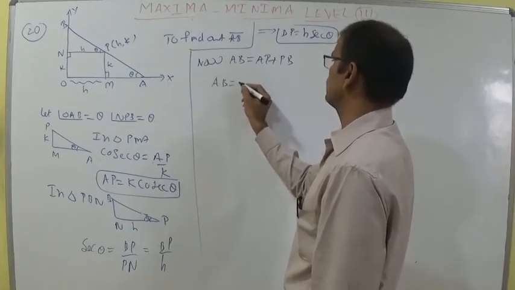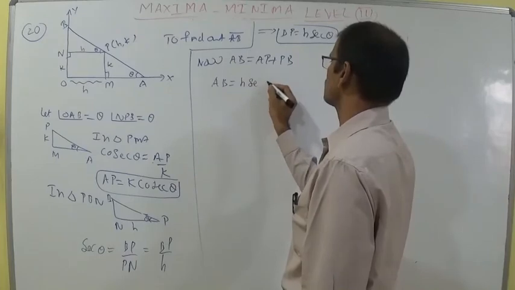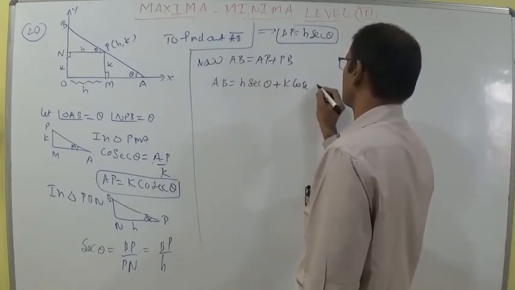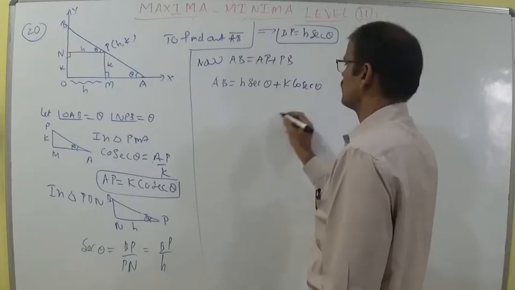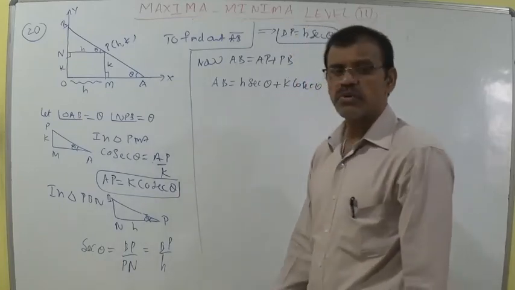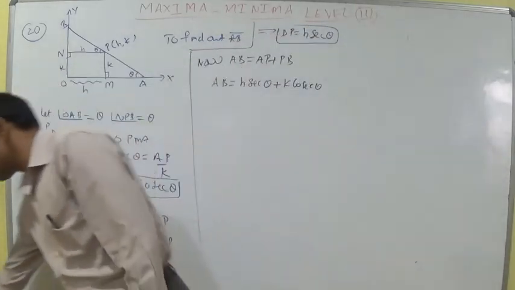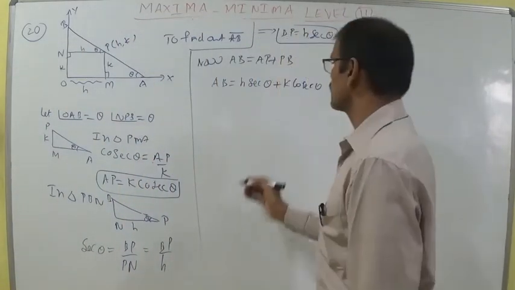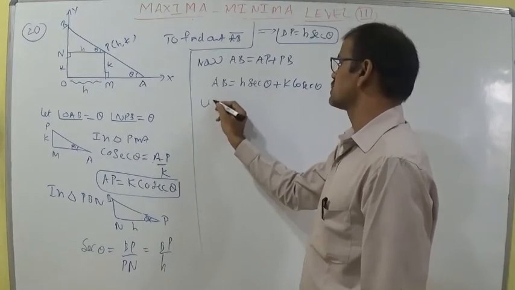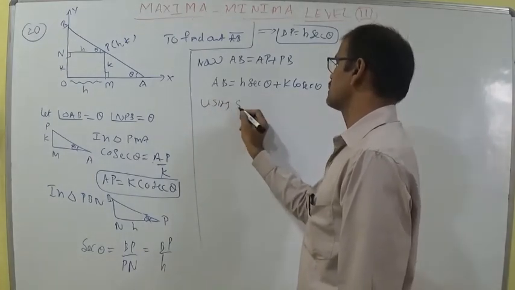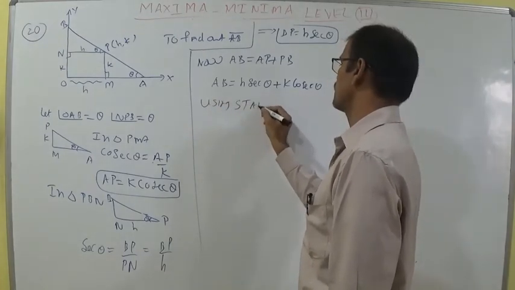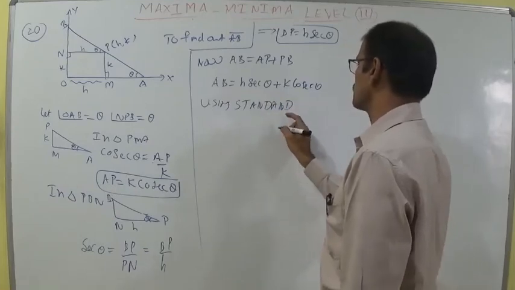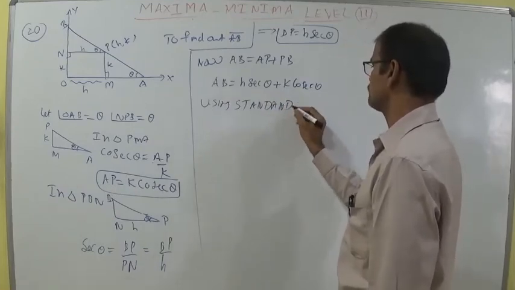AB is equal to H secant theta plus K cosecant theta. Dear students, in the previous concept we discussed min-max values of standard results. Using the standard result, of course we can do the proof also.